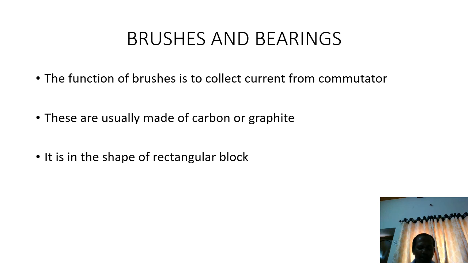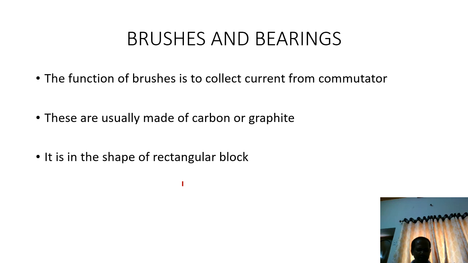They are usually made up of high grade carbon and are housed in brush holders. The brush holders are secured to the front end housing with clamps. The brushes are held under pressure over the commutator.